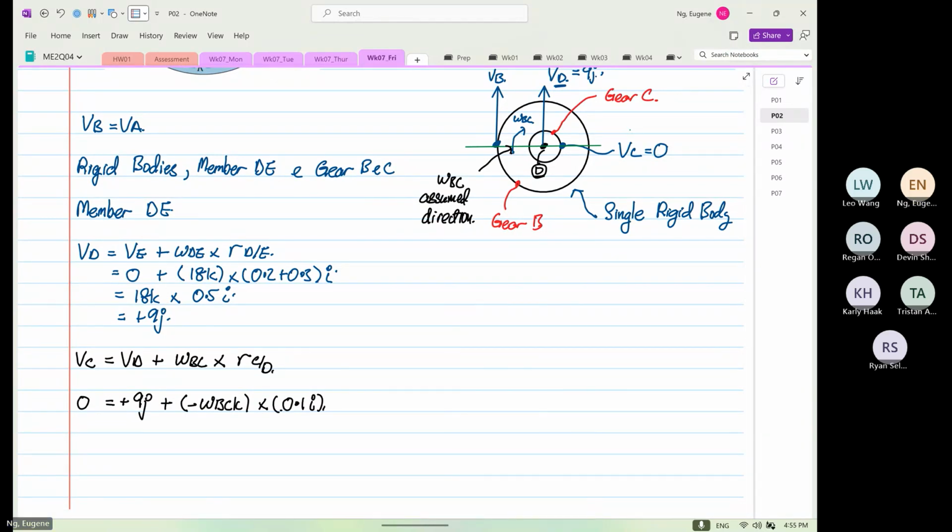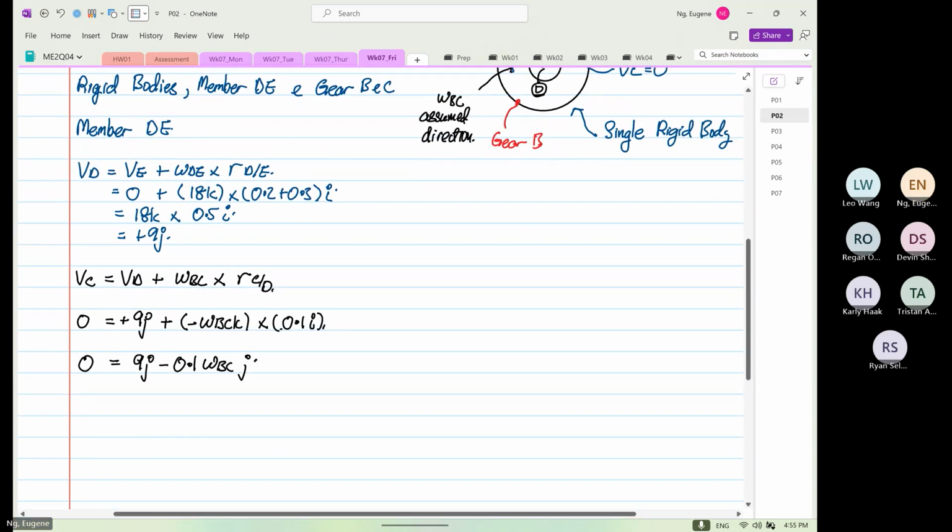Okay. So from here, we can figure out that this is equal to 0. This is equal to 9J. K cross I is positive, right? And then minus 0.1 omega BC J, right?